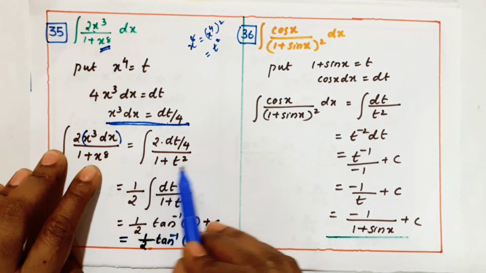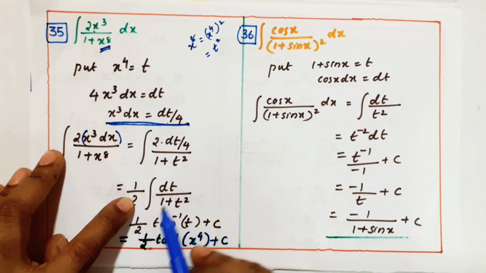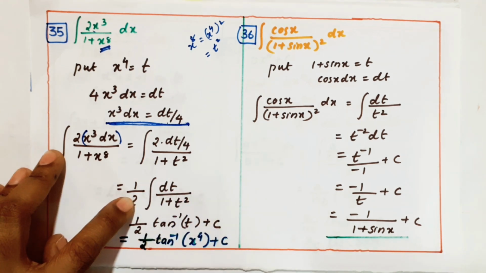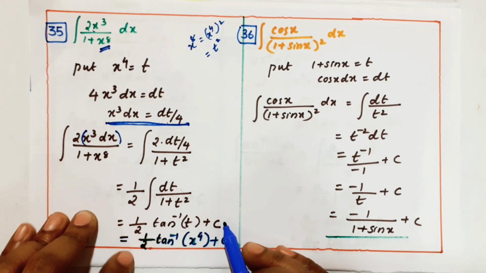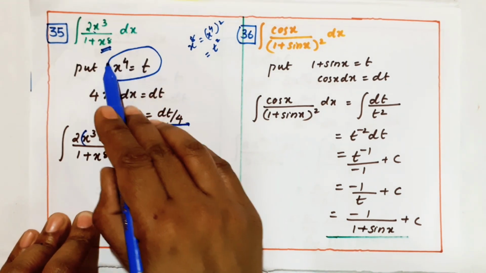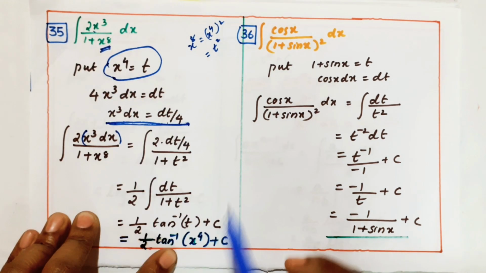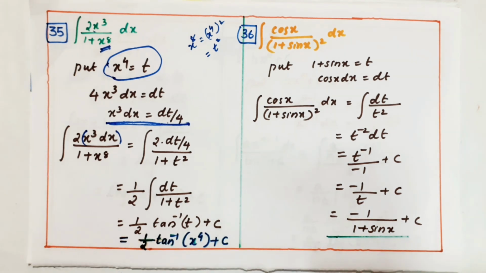So this is 1 plus t square. Here 2 and 4 get cancelled. 1 by 2 integral of dt by 1 plus t square. 1 by 2 into tan inverse t plus c. What is t? T is nothing but x power 4. So 1 by 2 tan inverse x power 4 plus c.